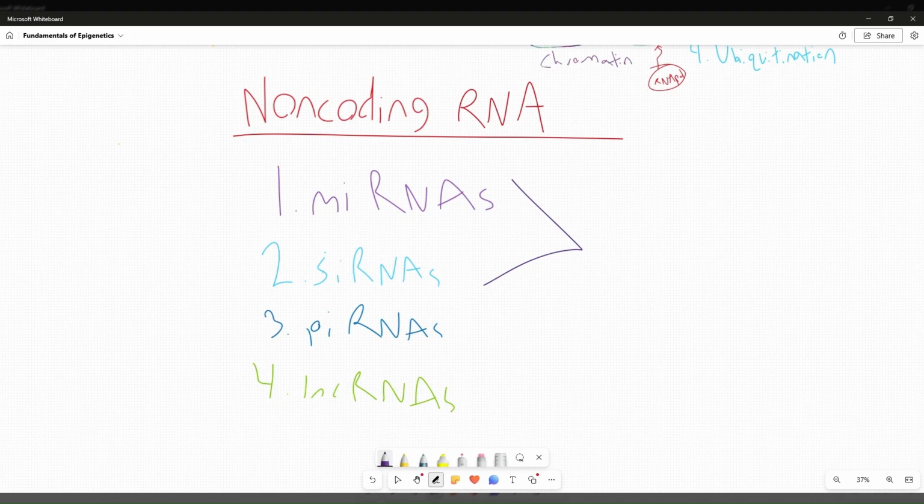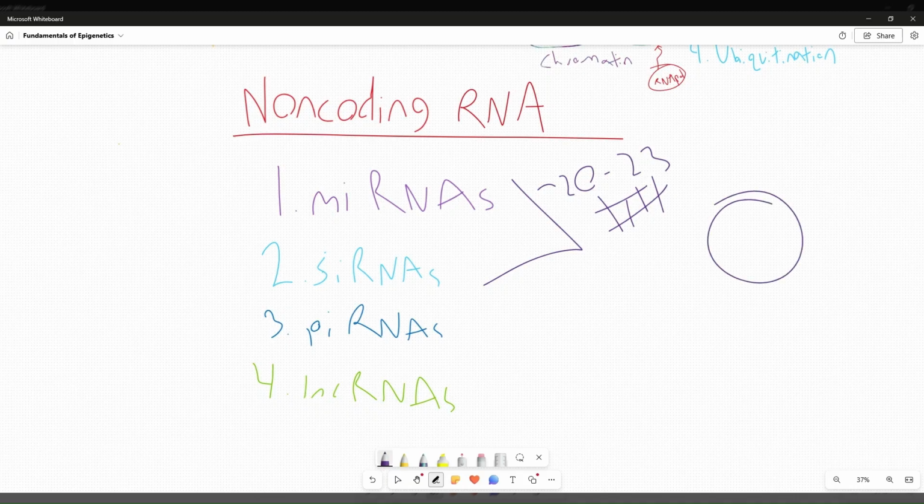They both basically follow this: here's a super small RNA sequence, like 20 to 23 nucleotides. So it's super small. It doesn't code for anything.